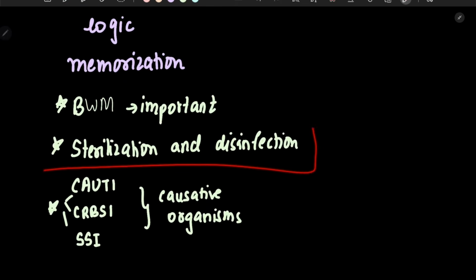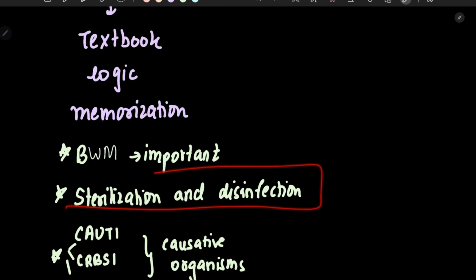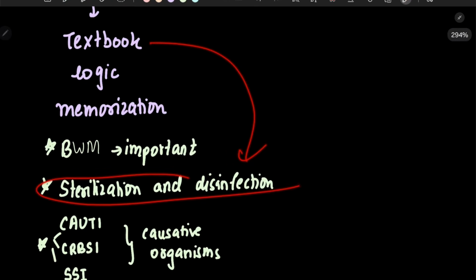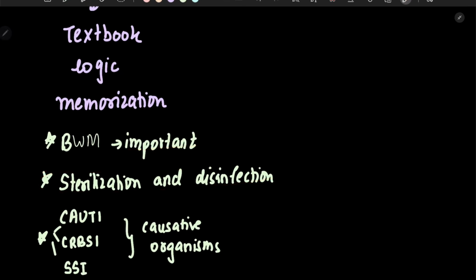And there's this stupid chapter called sterilization and disinfection. You try to read the textbook and understand this chapter, and if you do not understand something in the textbook, I would say use AI like ChatGPT or Gemini and ask it to make it into points or to explain it to you in a better way.